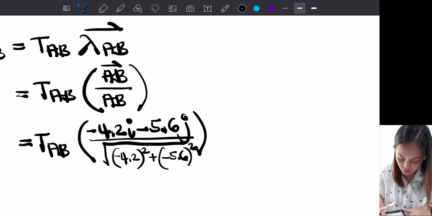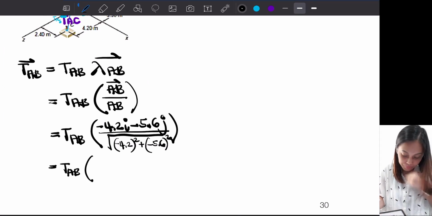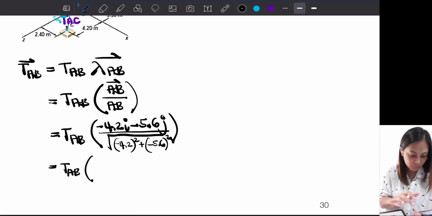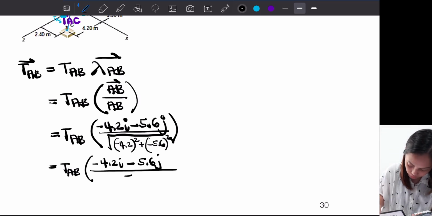So, sa ubos is the square root of negative 4.2 squared plus 5.6 squared, or TAB times negative 4.2 I minus 5.6 J over 7.